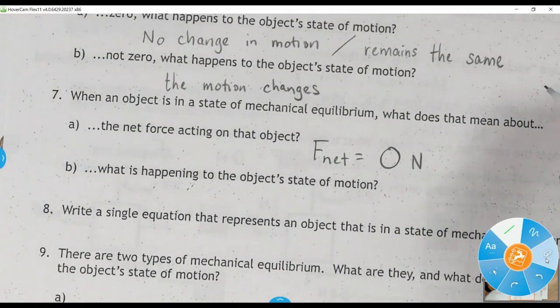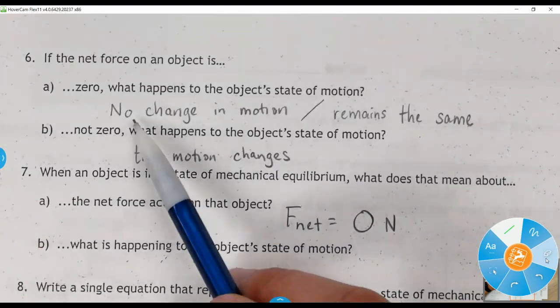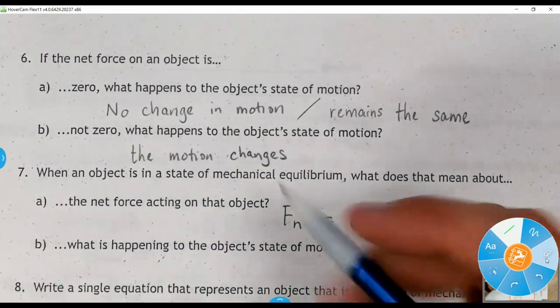What else does that mean? It means what is happening to the object's state of motion. If F net is 0, no change in motion.